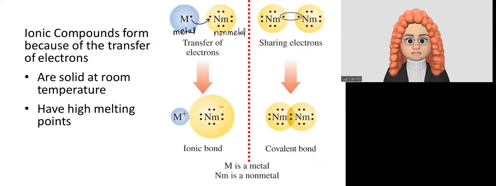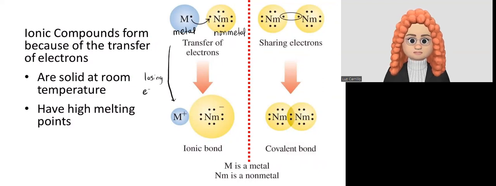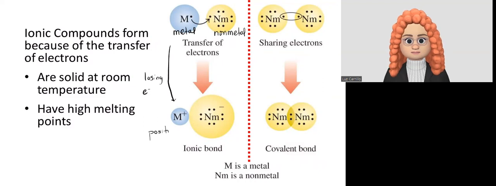Understand that within this transfer of electrons, because the metal is losing electrons, it could be one, it could be more, it is going to form a positively charged ion, which we also call a cation.